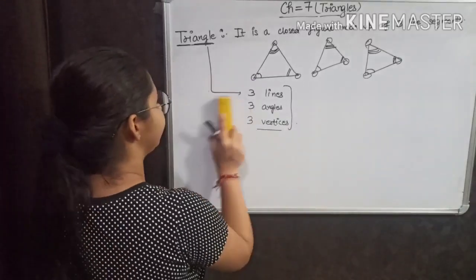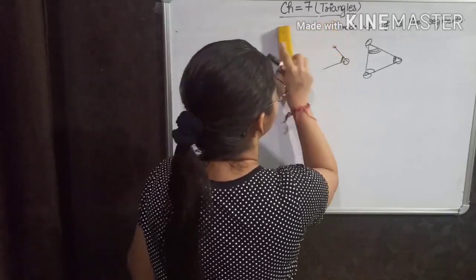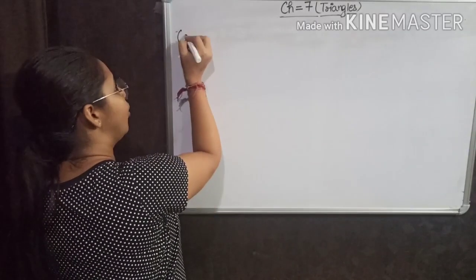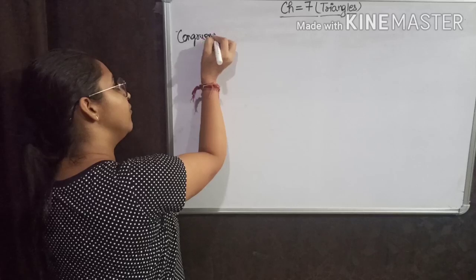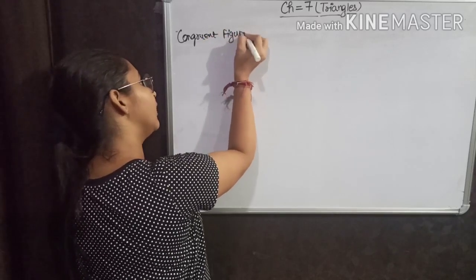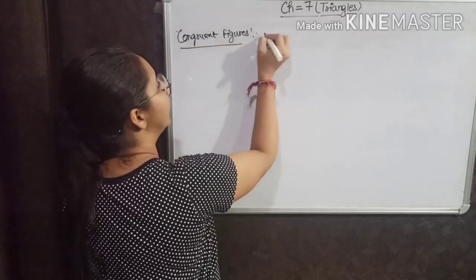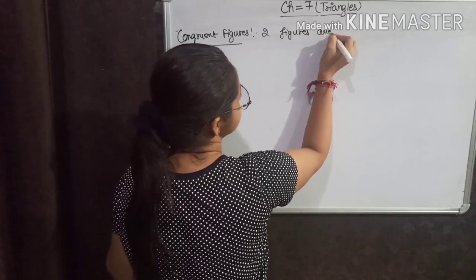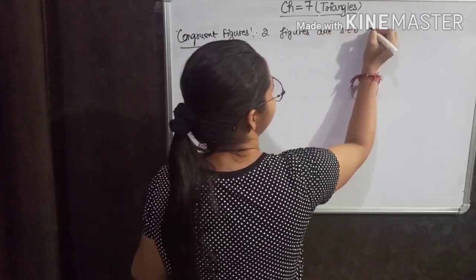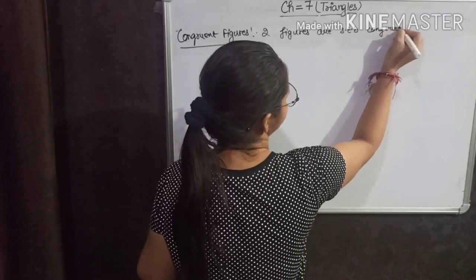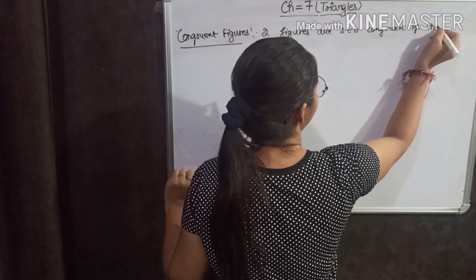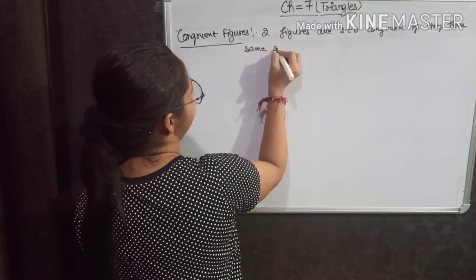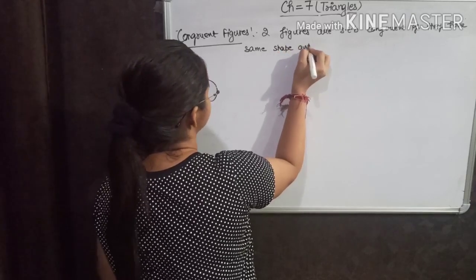Now, keep note here: same shape and same size. Let's understand what I am saying. Congruent figures means two figures are said to be congruent if they have same shape and same size.